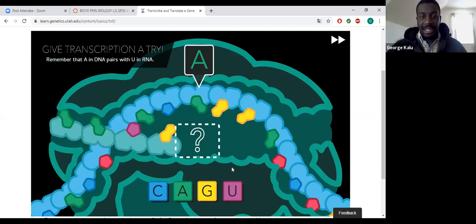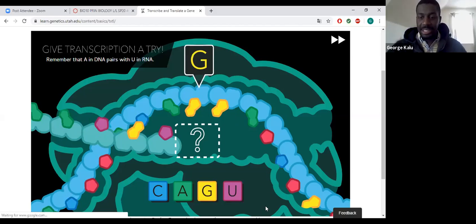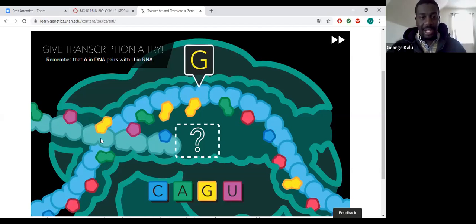Now we have a G. We should have a C. Good. As you can see, we're starting to produce our RNA here. What about another G? Here we should have, perfect, another C. Good.